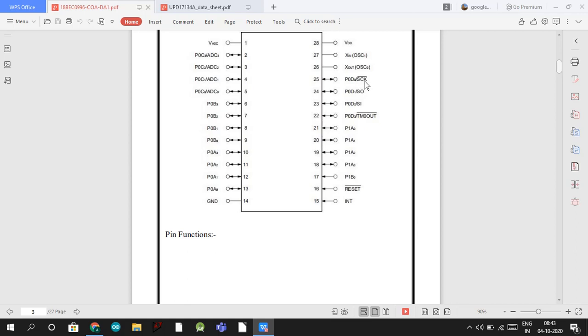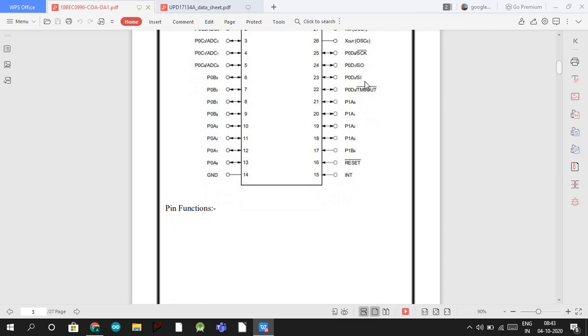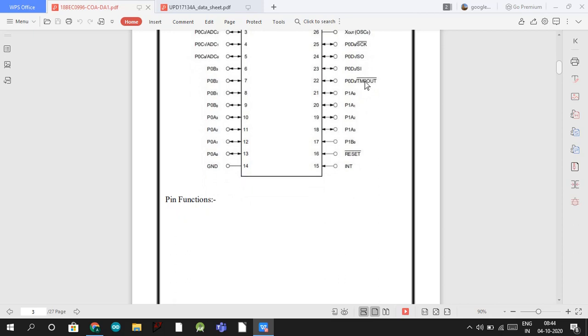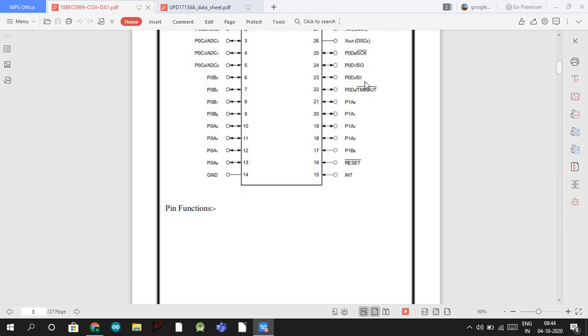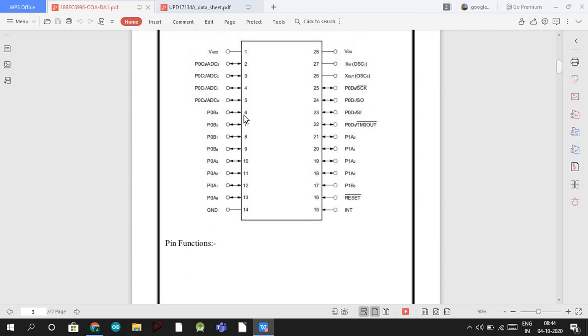As I already said, the ROM capacity is 1024 x 16 bits, 2 kilobytes, and the RAM capacity is 112 x 4 bits. The stack has an address stack of 5 and an interrupt stack of 3. Here you can see a total of 28 pins. Of these, 22 pins act as input and output ports: a total of 20 for P0A, P0B, P0C and P0D, and one input only, so that also acts as an input port, one serial input.